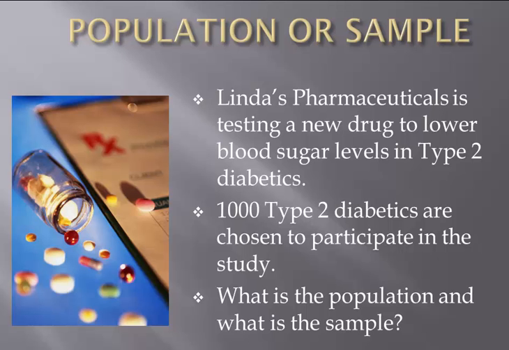But we can't really use that in our study. So what we do is we choose the 1,000 that are going to be in our study. So the population in this example is all type 2 diabetics. The sample is the 1,000 that we have chosen to be in the study that should be representative of all diabetics.